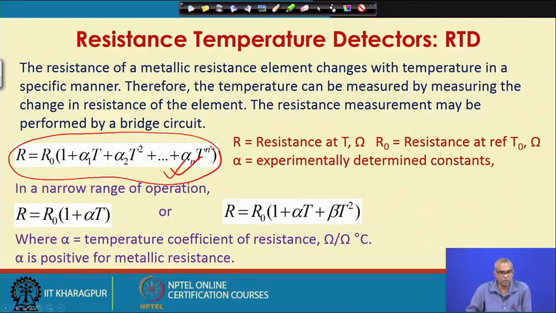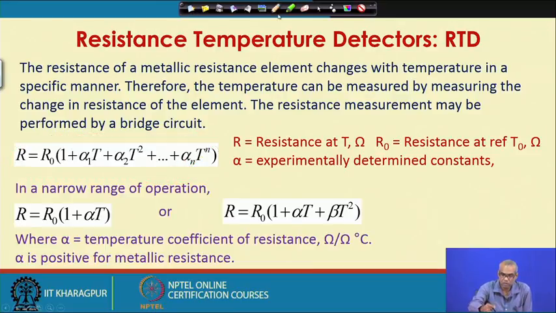R equal to R0 into (1 plus alpha 1 t plus alpha 2 t square), it can go up to alpha n t to the power n, where R is resistance at temperature T expressed in ohm, R0 is the resistance at reference temperature T0 expressed in ohm, and alpha are experimentally determined constants.